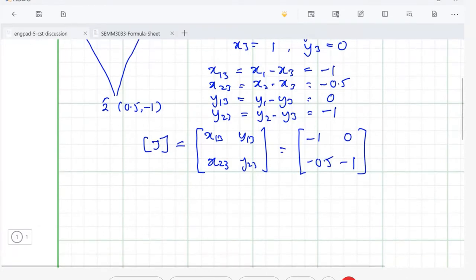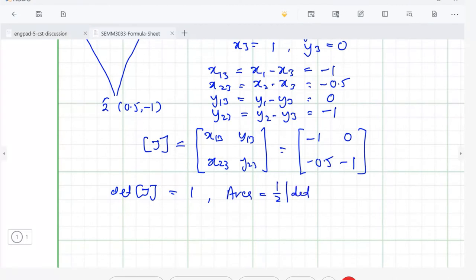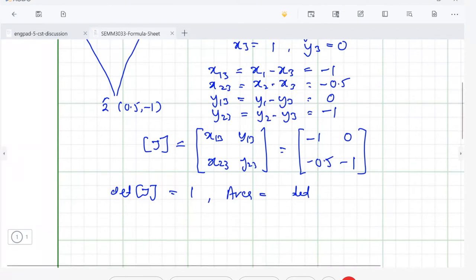So the determinant of J is this minus this times this, which equals 1. And the area is half of the determinant of J, so it is 0.5.